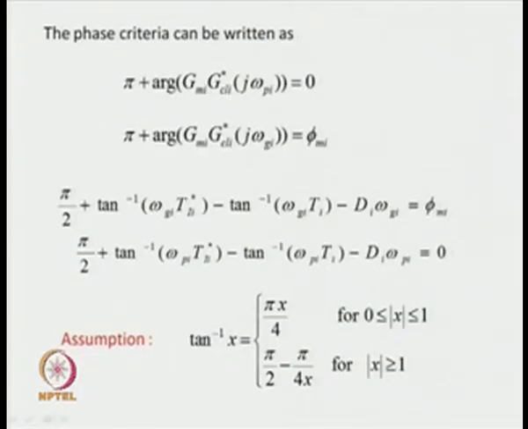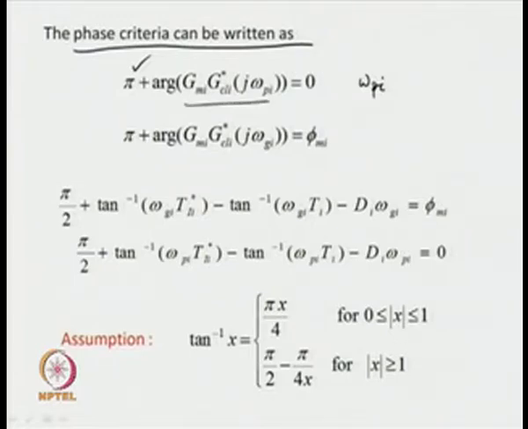Now, the phase criteria can be written as follows. At the phase crossover frequency omega p_i, when the point lies on the negative real axis, the phase crossover frequency gives us an expression like pi plus argument of g_m_i g_c_l_i star j omega p_i is equal to 0.